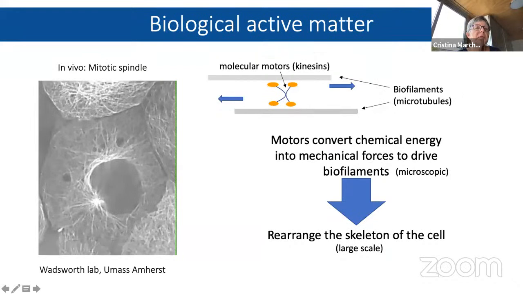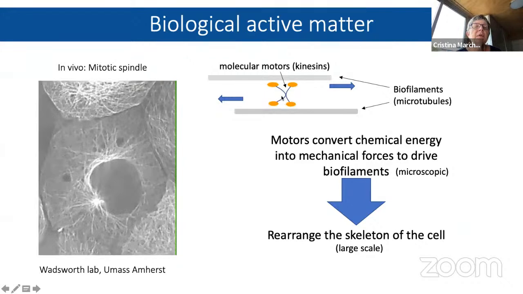What you see in this image is a structure that you find inside the cell, composed of long biofilaments, long polymers called microtubules. And it's a network where these polymers are cross-linked by a motor protein, in particular a motor protein called kinesin. This is a cartoon of a kinesin cluster.